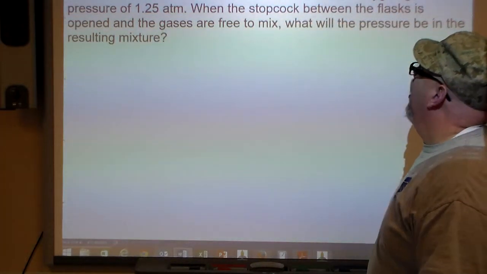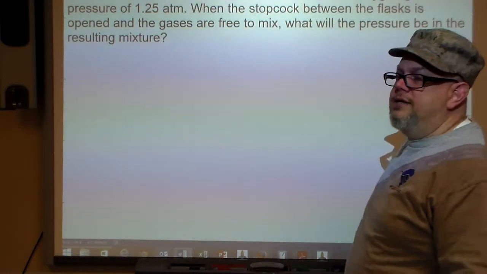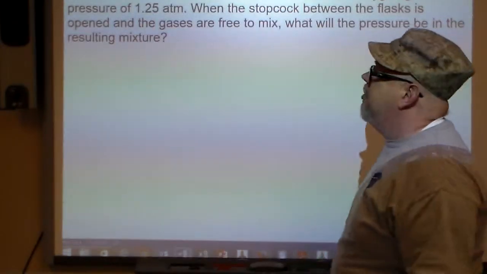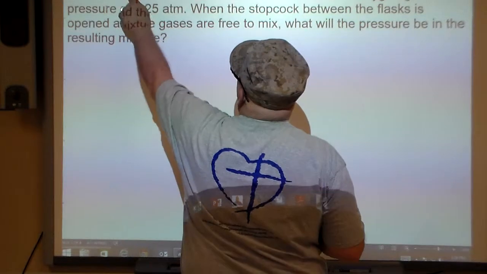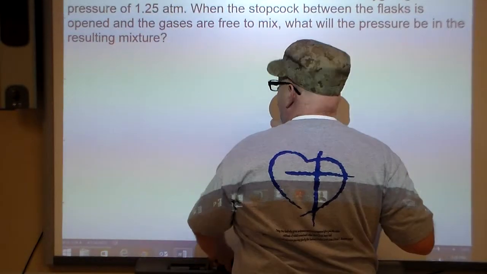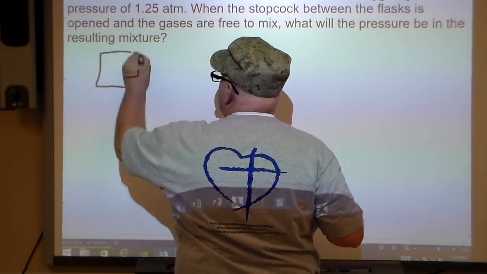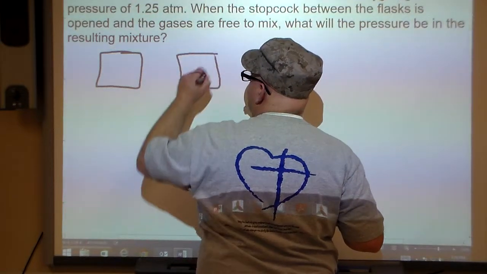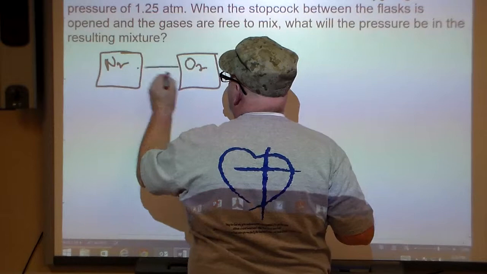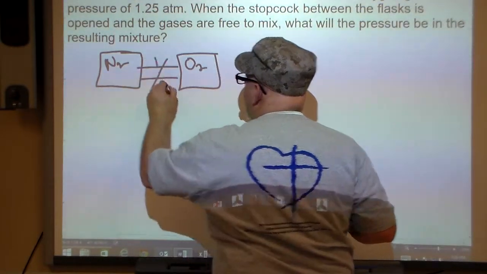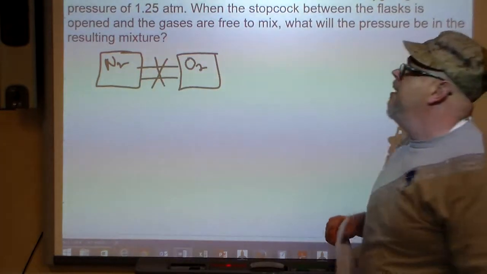Now here, we are not looking at the ideal gas law. Well, why? Because we have a before and an after. We have a before with the 2 flasks separated, and of course it might be a good idea to just go ahead and separate the 2. So we have N2 and O2, and here's our tube. Right now it's not connected. Okay?